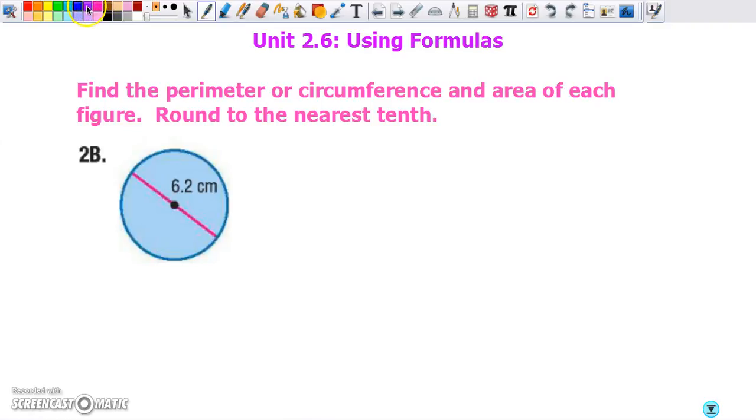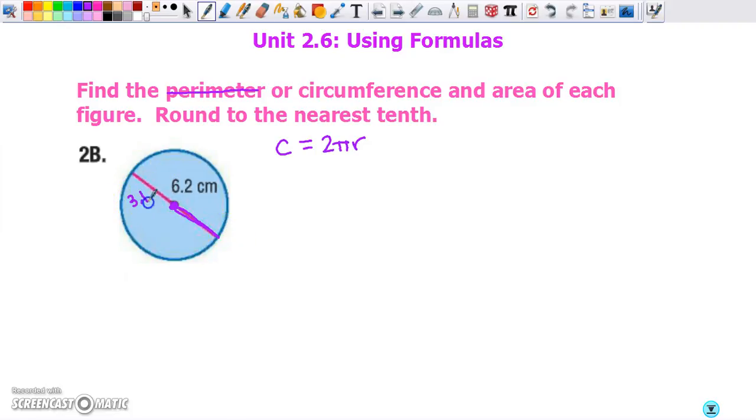All right, for this example, now we have a circle, and so we can't do perimeter for a circle, we do circumference. And the circumference of a circle is just 2 pi r, and r is the radius. But what's the radius of a circle? Well, the radius is from the center out to the side. So in this case, we actually have the diameter.